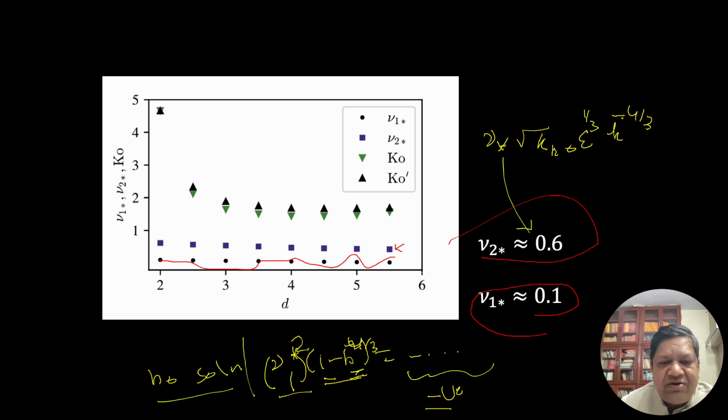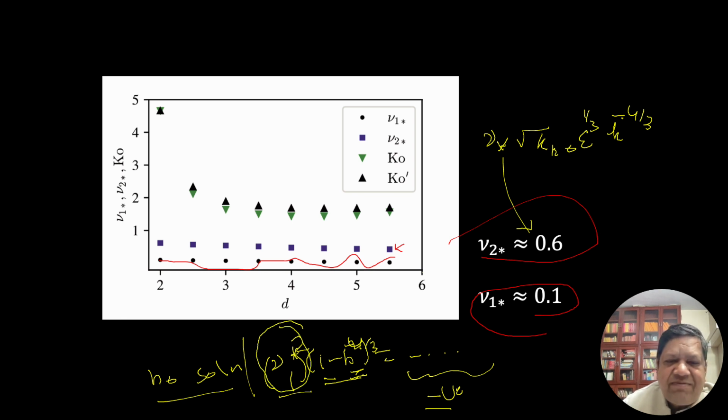I will try to get an iterative solution and see whether we can get 0 as a solution. But in any case, we find that at present there is a contradiction. So nu1 has no solution for d equal to 6.